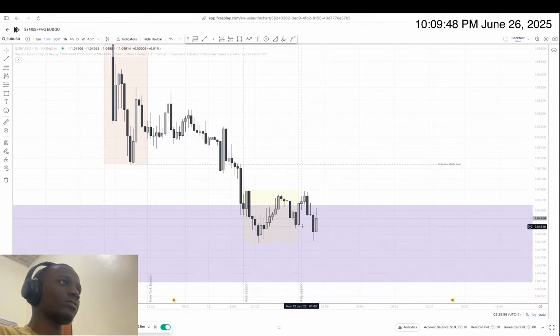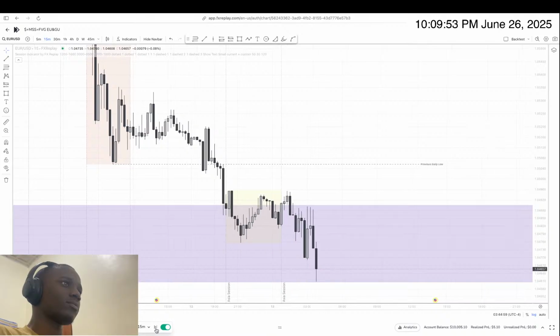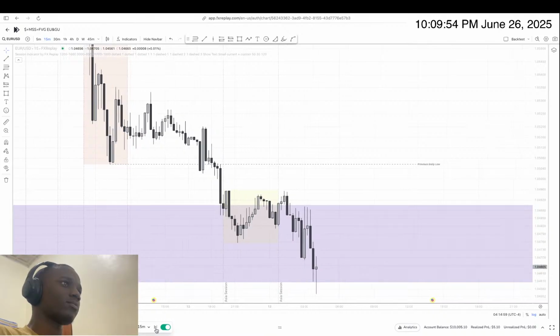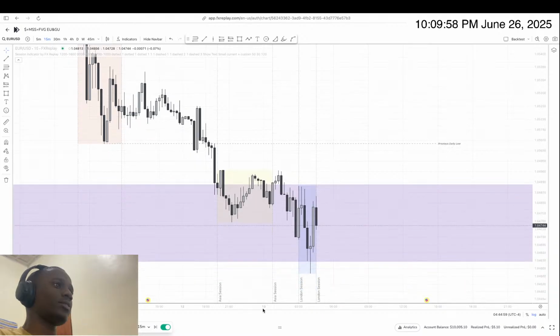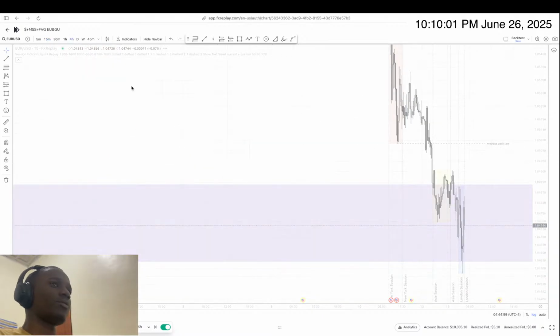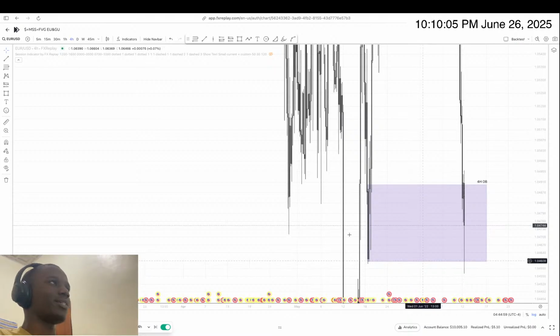Check out these lows. So London has already started, and going on the 4 hour, it took out this low really nicely.